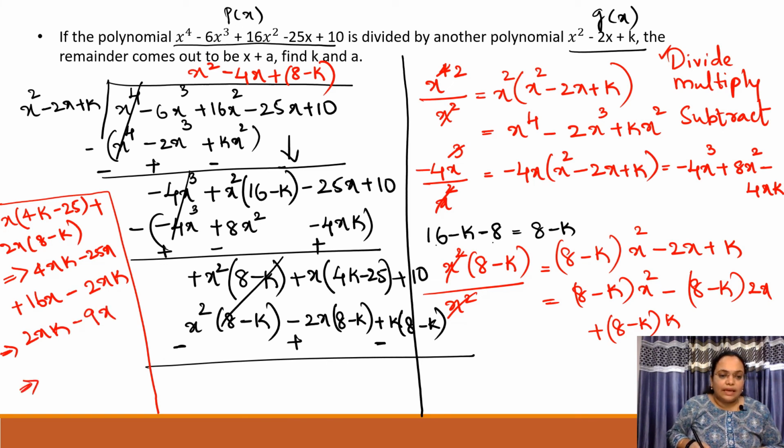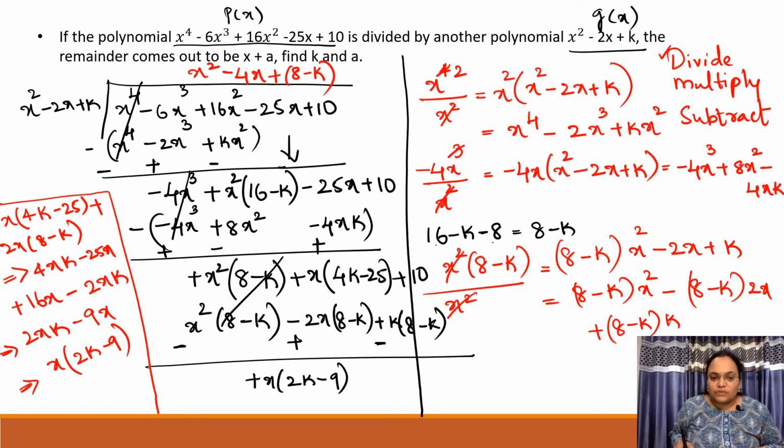So if you take x common, this will be 2k minus 9. If I take plus x common, 2k minus 9. So this will be minus k of 8 minus k plus 10. Okay, this is your r of x.